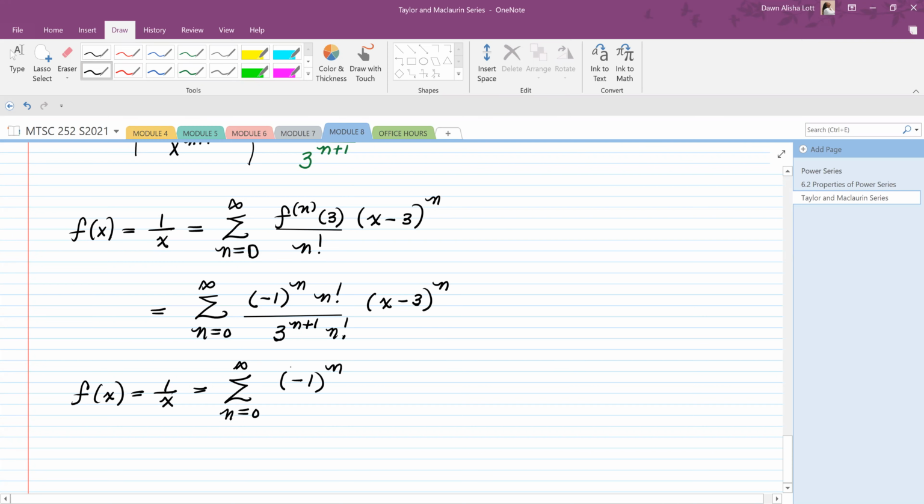All right, so we already know that f of x equal to the cosine of x is going to be the sum n equals 0 to infinity. It's a Maclaurin series, so it's going to be the nth derivative at 0 over n factorial times x minus 0 to the n. So this is going to be my Maclaurin series.